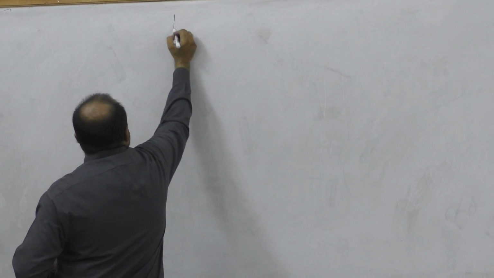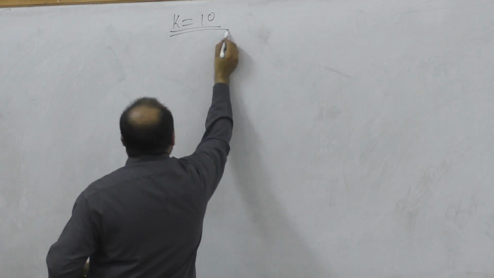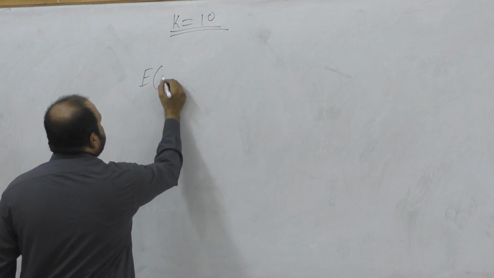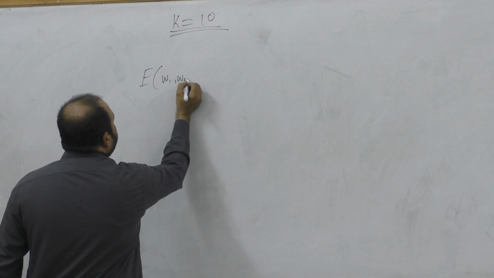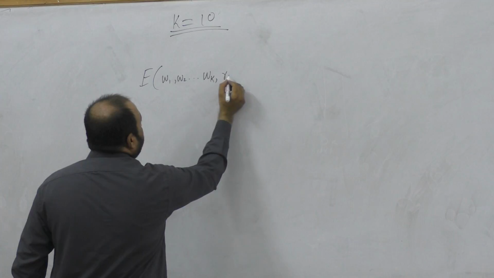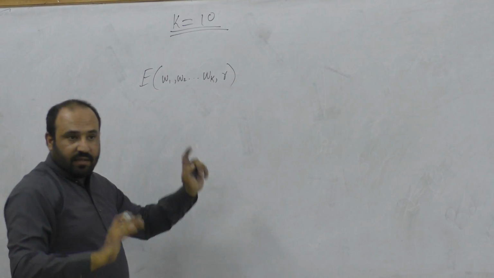So k is given, let's say k is equal to 10. This is the error function that you want to minimize, over W1, W2, ..., Wk and R as well. R will depend on the error.